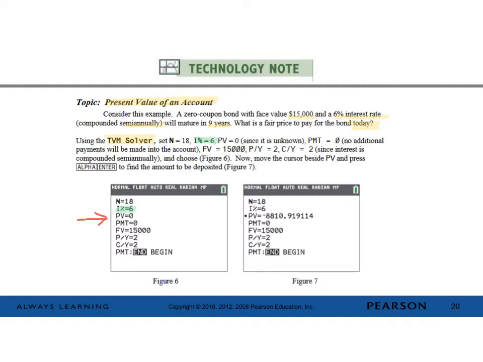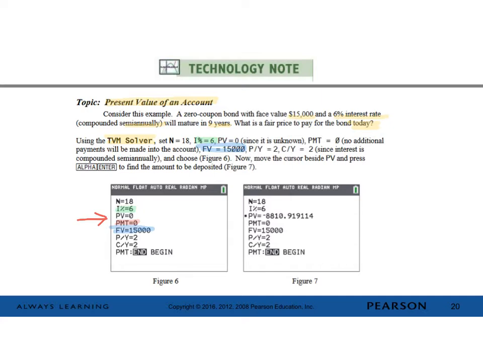The payment is also going to be 0 because we're just going to invest a lump sum. The future value, it's going to be worth $1,500. So we'll enter the future value as $1,500.